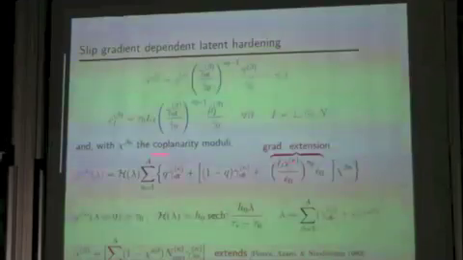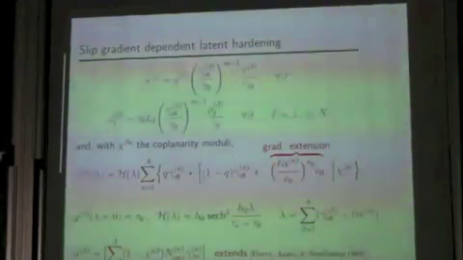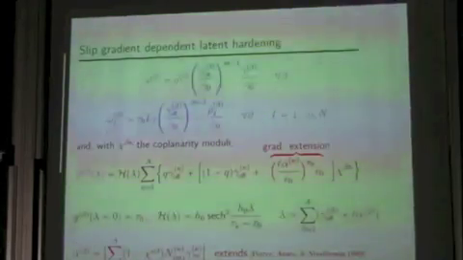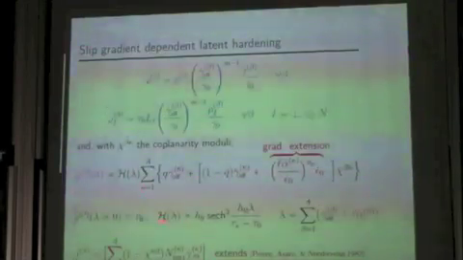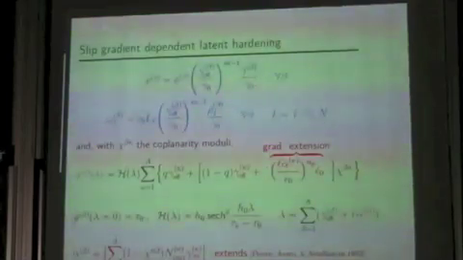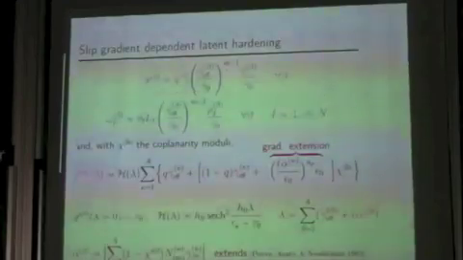And these coplanarity moduli in our simple case are just Kronecker delta. I can give you more detail if you like, but this is okay. H lambda is the classical self-hardening rule, one of the most used, and that's it.